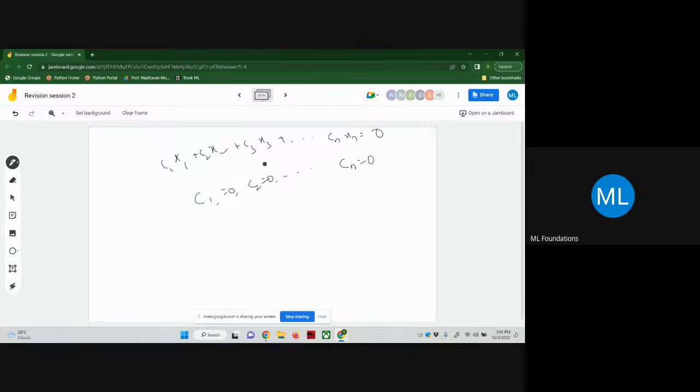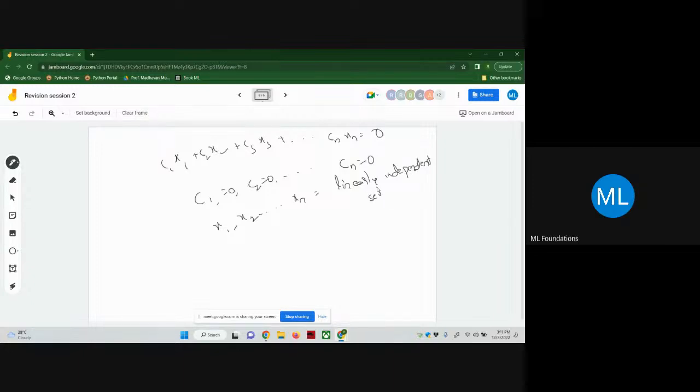Only when this holds can you equate this to 0. In other words, no vector can be written as a linear combination of the other vectors. So if this equals 0 only when all the constants are 0, then we can say x1, x2, and so on to xn form a linearly independent set.